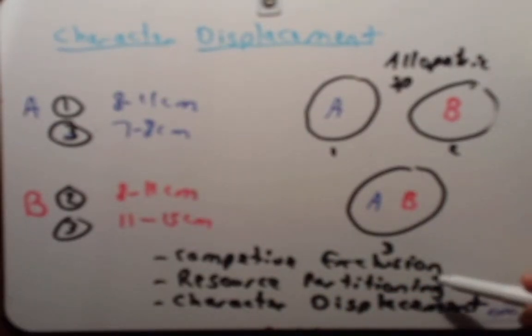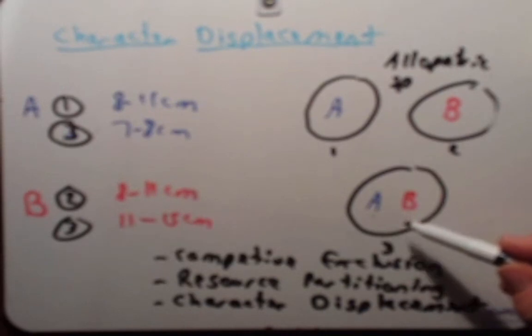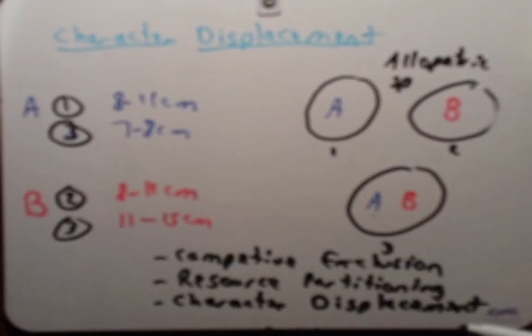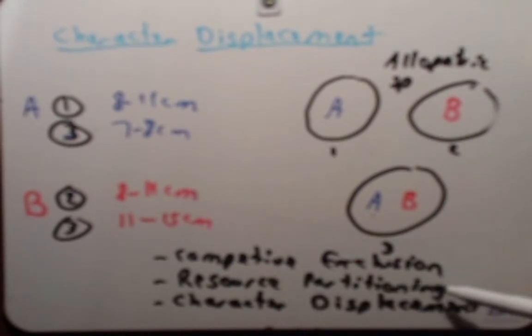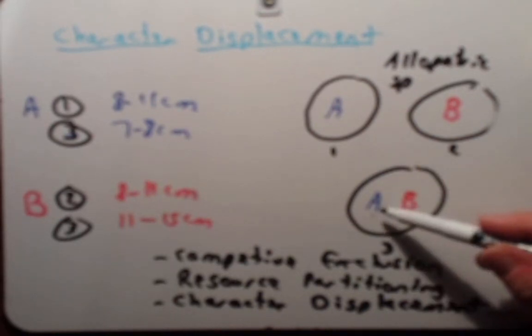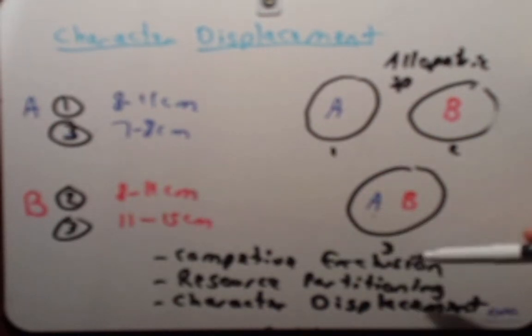Competitive exclusion means that two species cannot coexist in the same niche. So species A and B, they cannot coexist and operate in the same niche. When they're trying to compete for the same niche, what will happen is that we'll see resource partitioning. One of these species will have to operate in a new niche, or maybe both will be forced to operate in new niches.